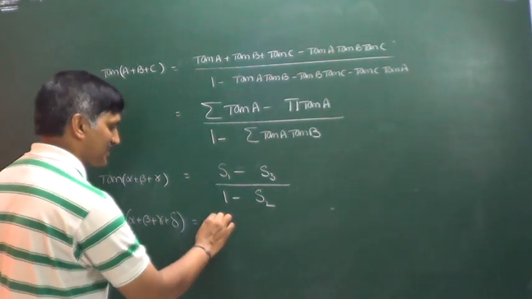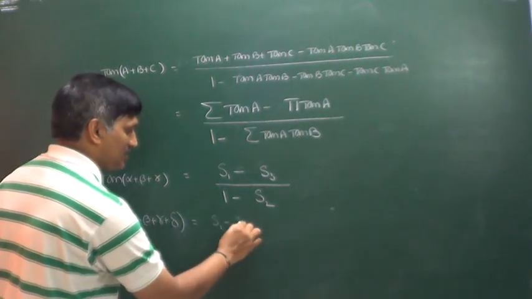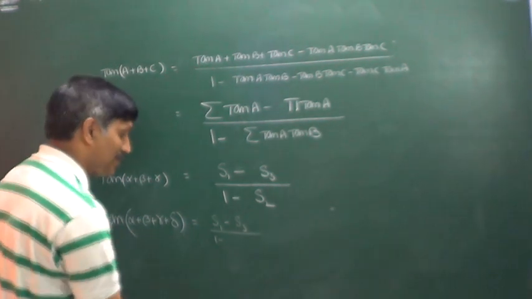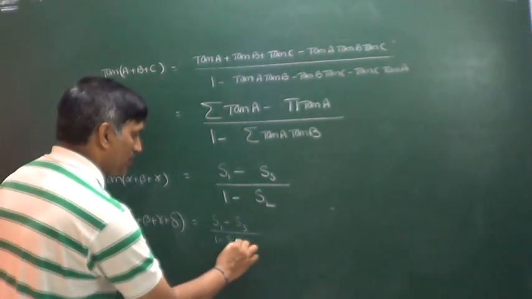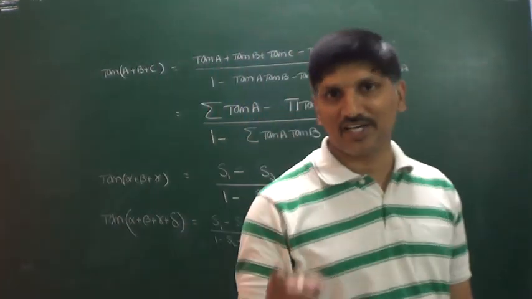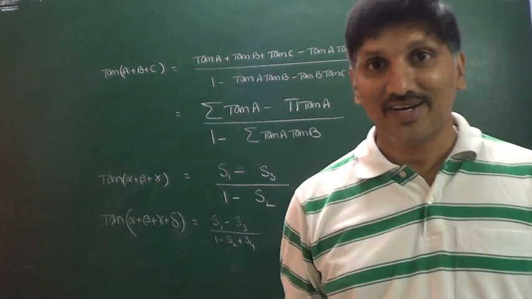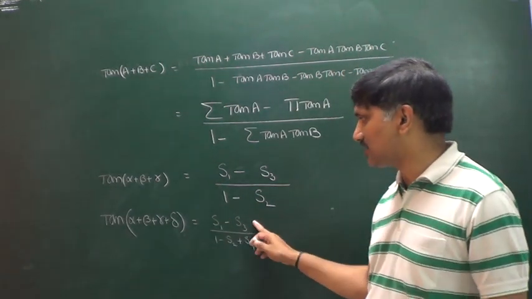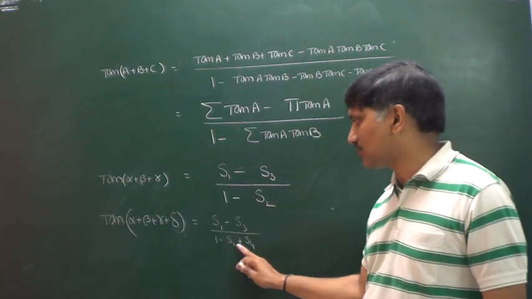That is the reason I am explaining this. What to do? It is S1 minus S3 divided by 1 minus S2 plus S4. In the numerator you get odd terms, in the denominator you get even terms.